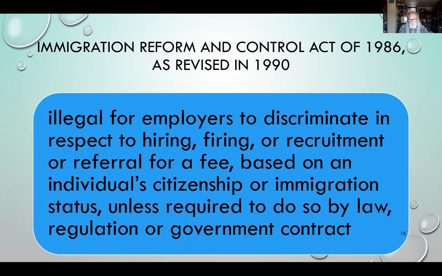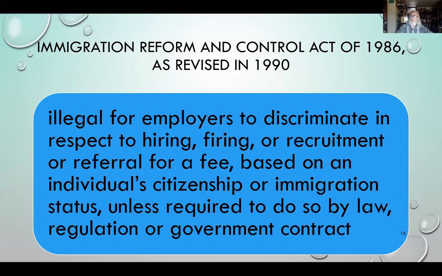So what it really does is it prohibits employers from preferring to hire temporary visa holders or undocumented workers over qualified US citizens or other protected individuals. So in other words, you can't hire someone who's an immigrant in place of a legal citizen.